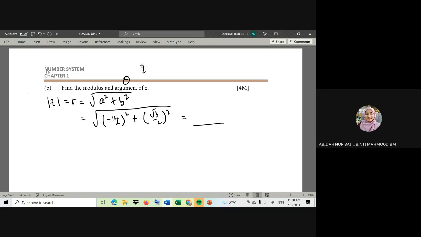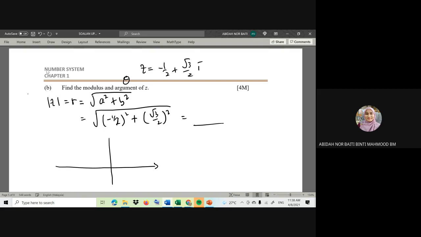Okay, tadi kita punya complex number adalah negative half plus root 3 over 2i kan. Okay, so how to find your argument? How to find your theta? Shift tan, determine the quadrant. Kuadran dahulu, sebab kita nak tengok kuadran berapa, formula dia.